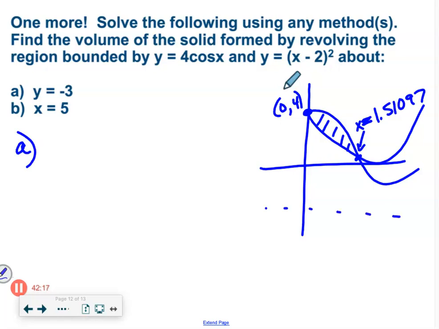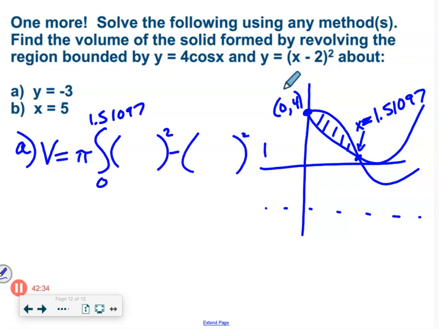Okay, so for part A, just doing some setups, if we're revolving about y equals -3, that's a horizontal line down here. So we would do washer method. So we would have pi integral from 0 to 1.51097 of a big R squared and a little r squared.